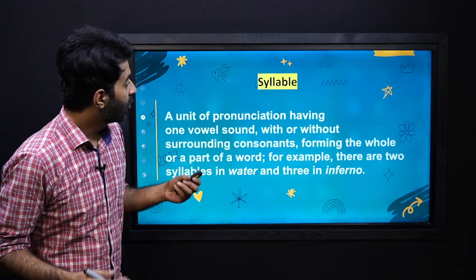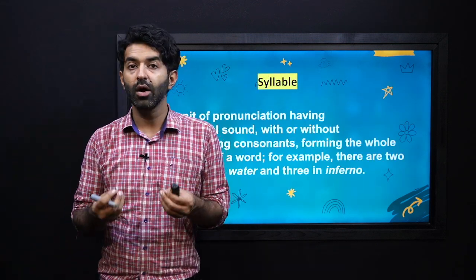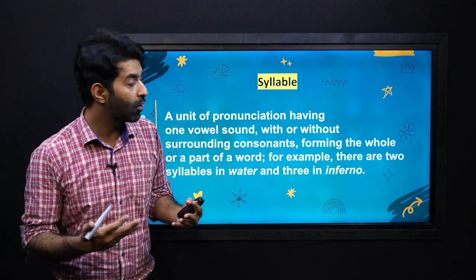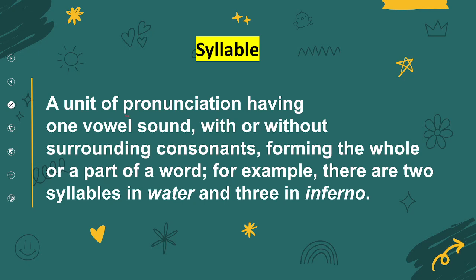Now, students, when we talk about a syllable, we are talking about sound: a unit of pronunciation having one vowel sound with or without surrounding consonants, forming the whole or a part of a word. For example, there are 2 syllables in water. Both of them have vowels, and there are consonants too.